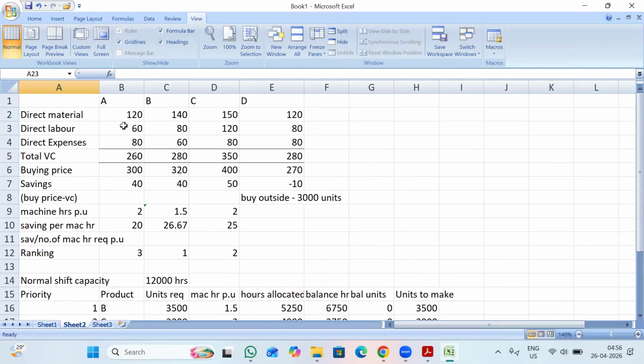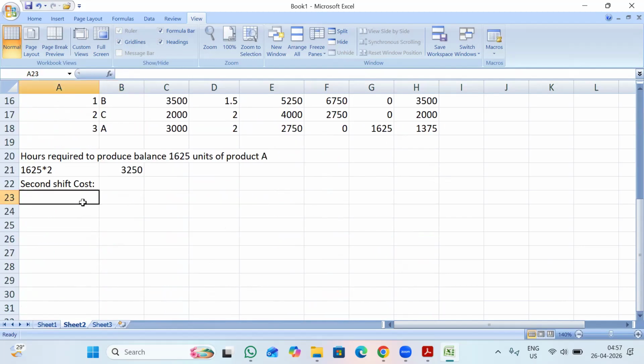For product A, labor is 60 rupees, and I want to incur 20% extra per unit. So you can directly calculate 60 into 1.2, the increased rate, so 72 rupees I want to spend per unit.